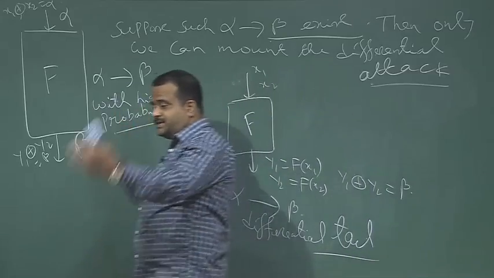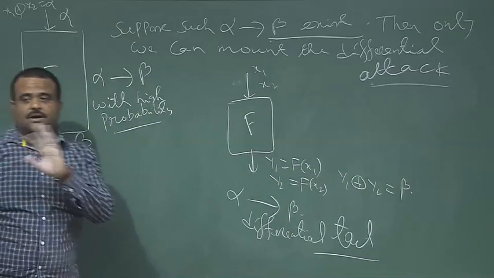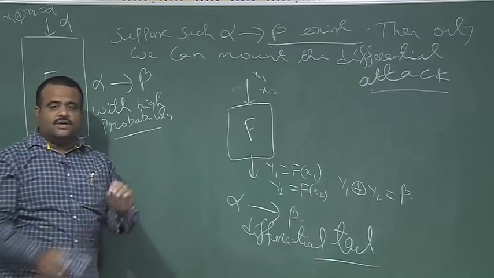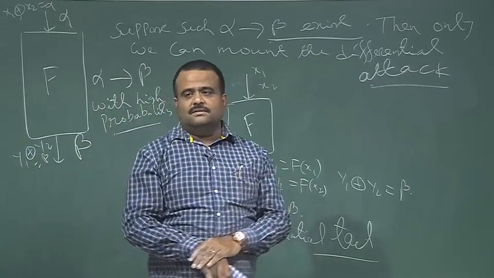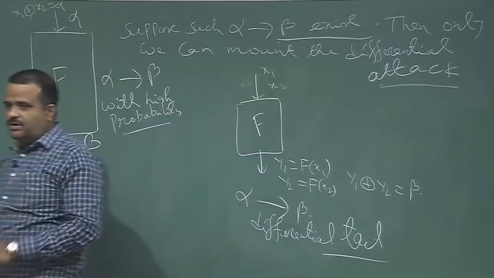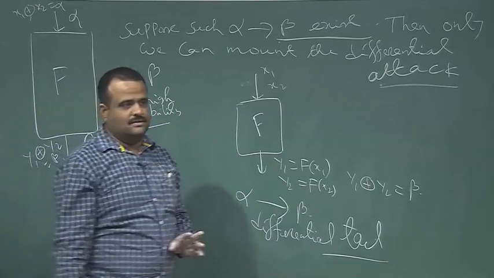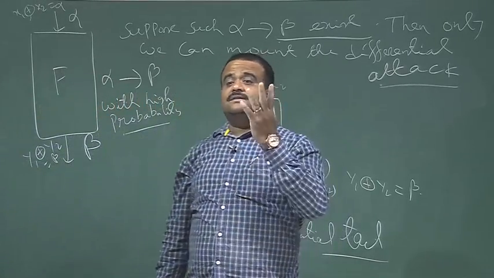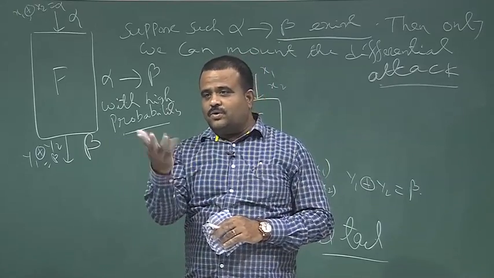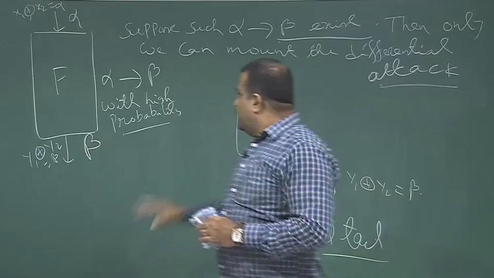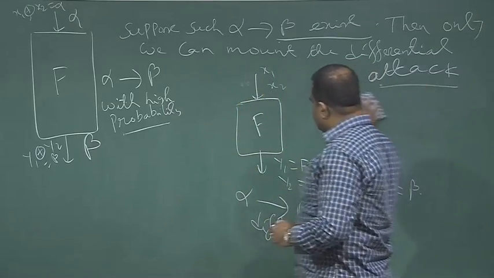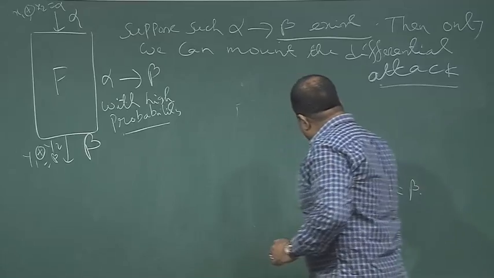If such alpha beta exists, otherwise we cannot have the differential attack. If we cannot find alpha beta with high probability, then sorry boss, this cipher is secure under differential cryptanalysis. Like AES, full round AES is secure under differential cryptanalysis, but DES is broken by the differential attack.